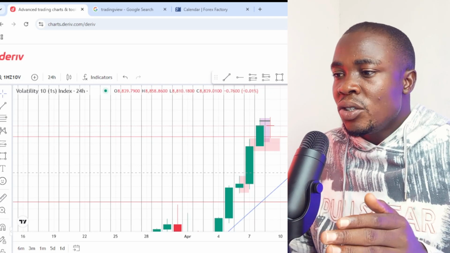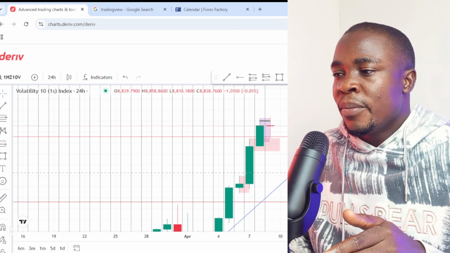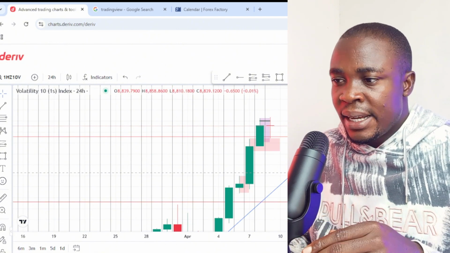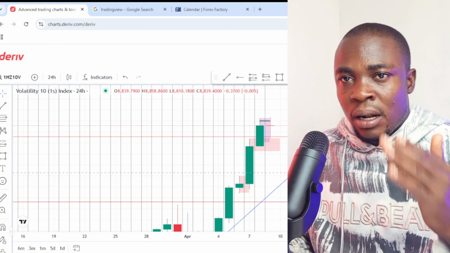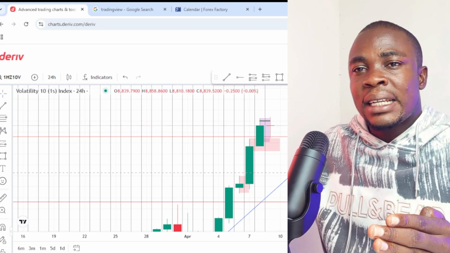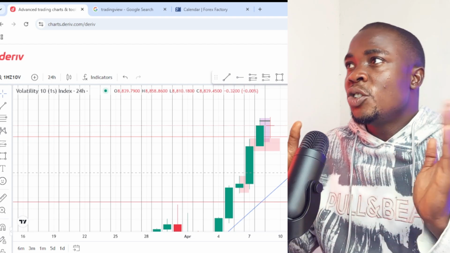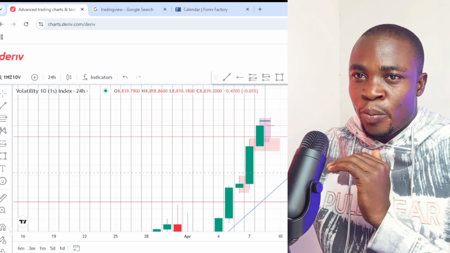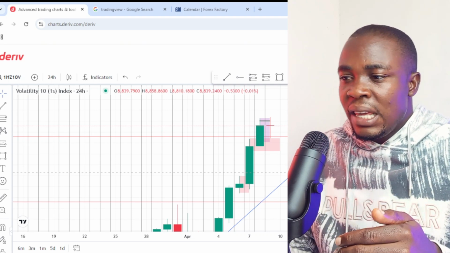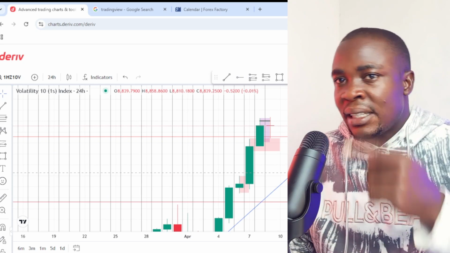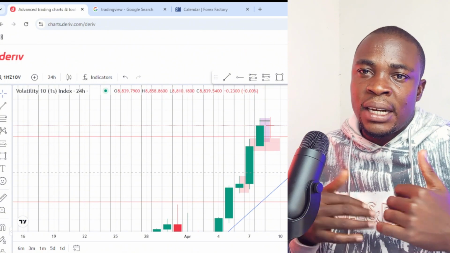How do you identify the section of the day, the trend of the day? If the previous day closed bullish and the next 4 hours closed bullish, that means your section is bullish, so you should be looking at only buy opportunities. If your previous day is bearish and your last 4 hours is bearish, you should be looking at sells.